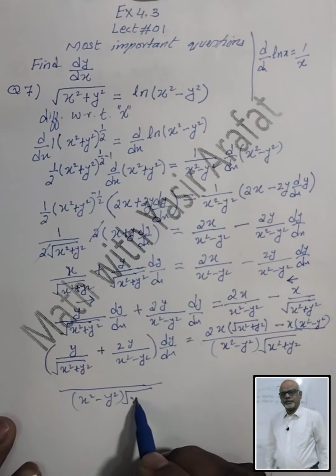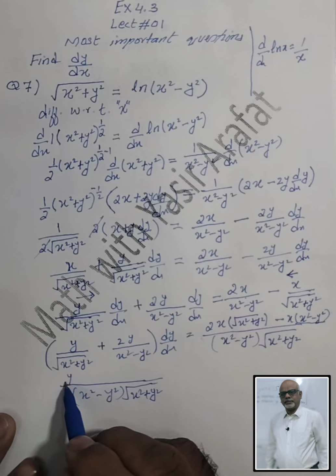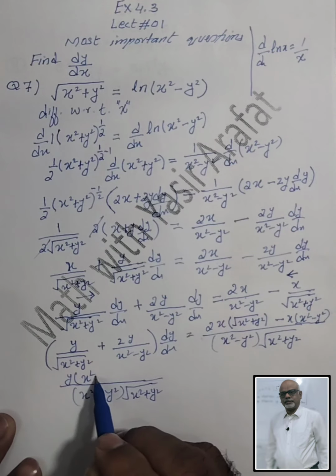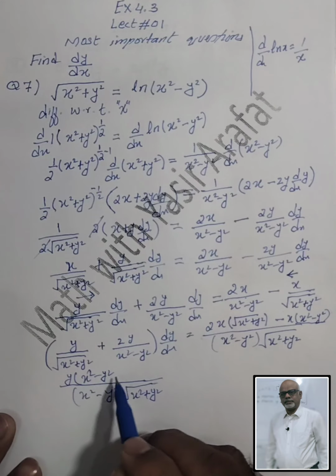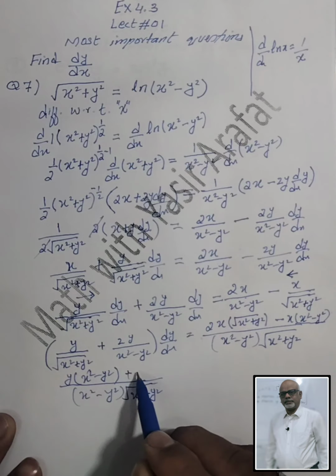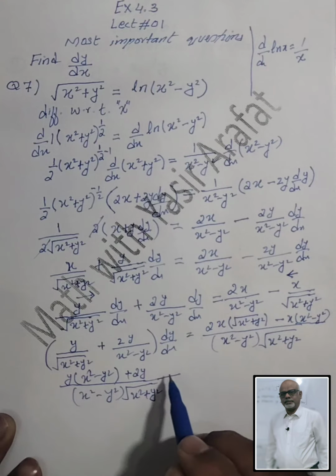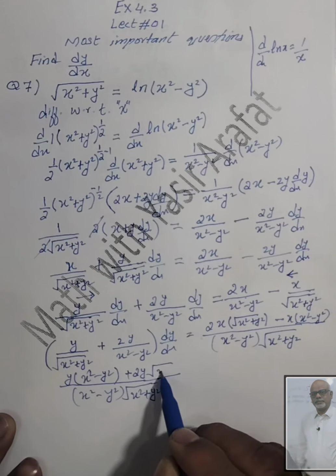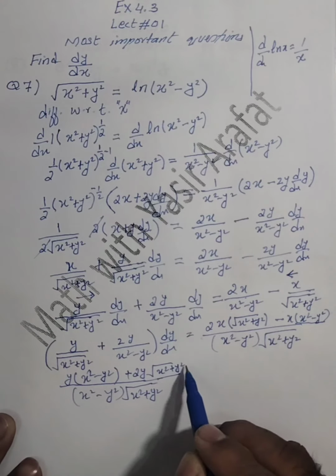So this multiplied by this, it is x square minus y square plus 2y radical x square plus y square.